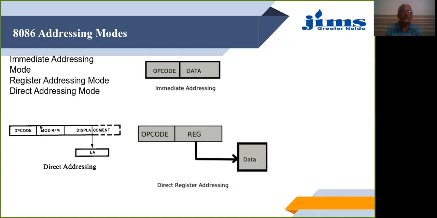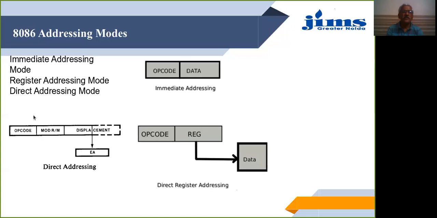The third type of addressing is the direct memory addressing mode. The meaning of direct addressing is very clear here: the instruction knows about the memory location. The reference to the memory location is part of the instruction.